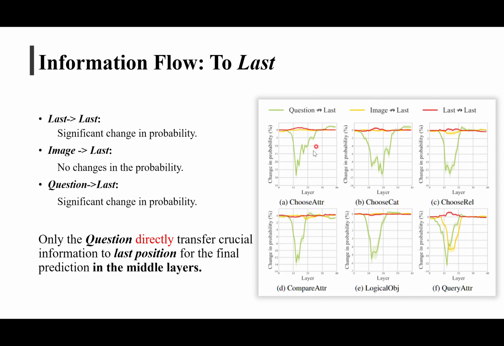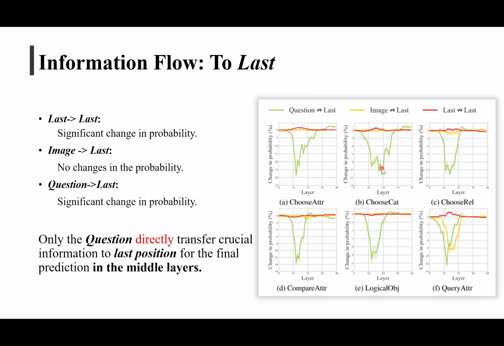For most of the tasks, there is no change for the yellow line. The green one is where I block the attention edge between the question and the last token, and we can clearly see a large decrease in the probability.